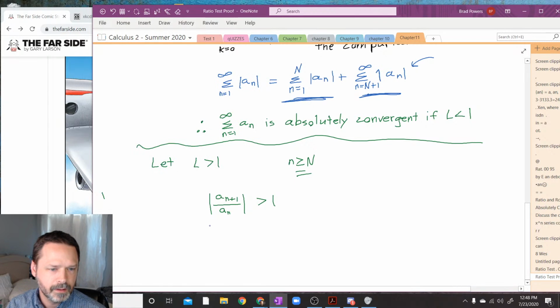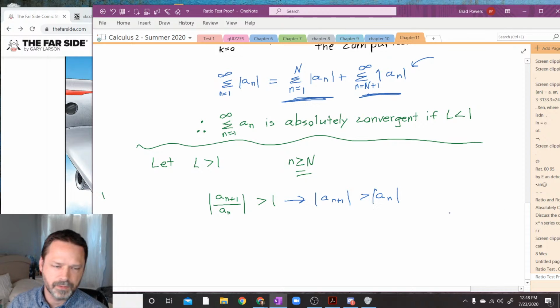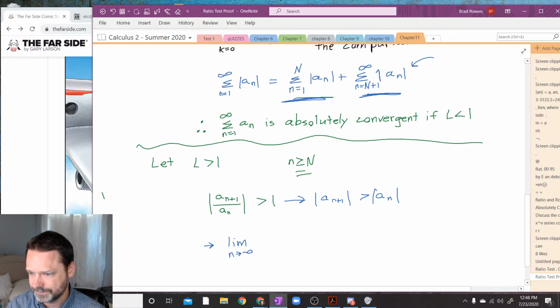In that case, this implies a sub n plus 1 is going to be greater than a sub n for some large values of n, which in turn implies that the limit as n approaches infinity of a sub n does not equal 0.